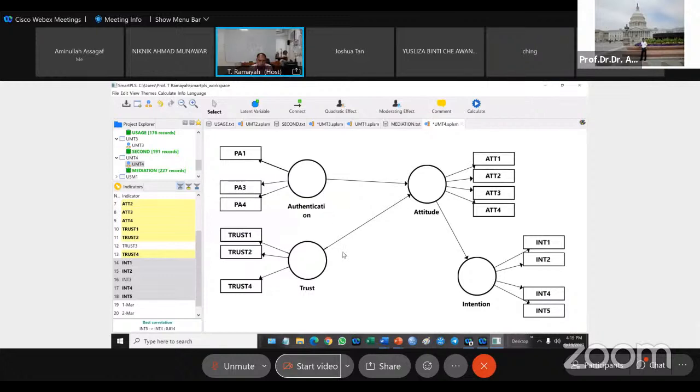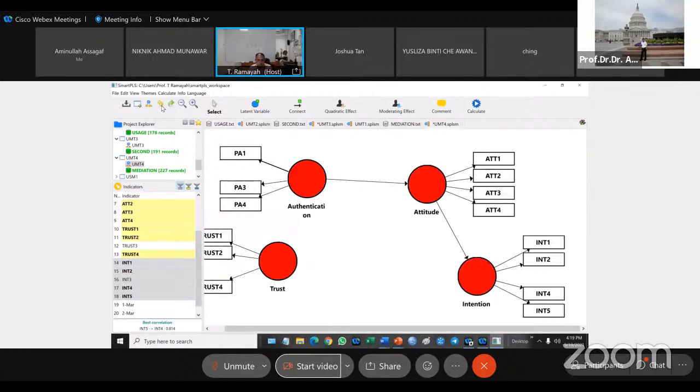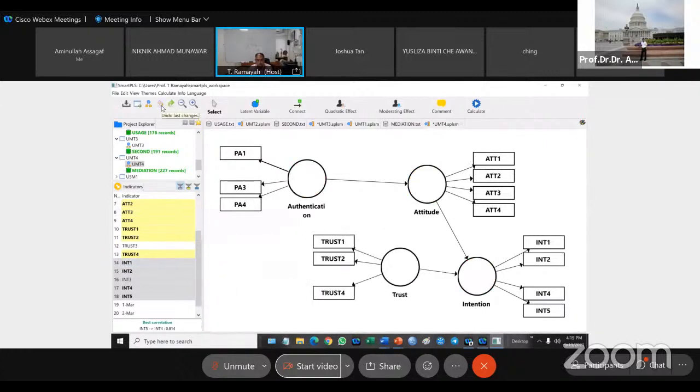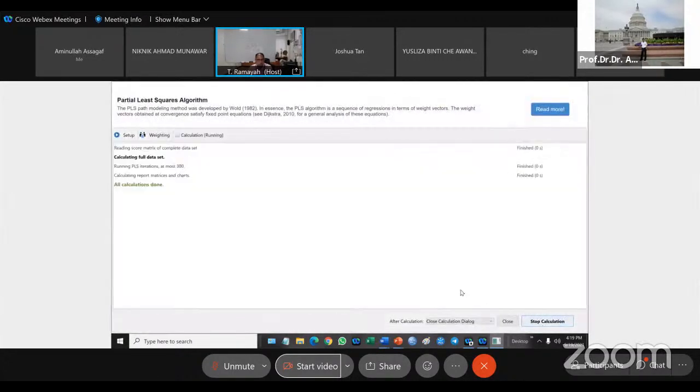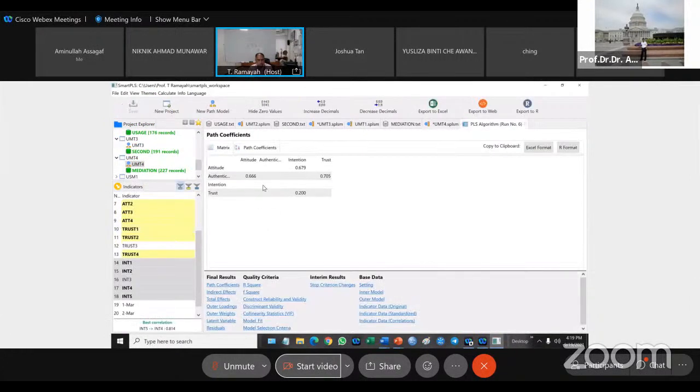No, specific indirect effect only the software, because this separate just now. Okay, let me show you again lah. Okay, like this. So when you have a model like this, if you run your calculate PLS algorithm, in your report you will have a result like this.